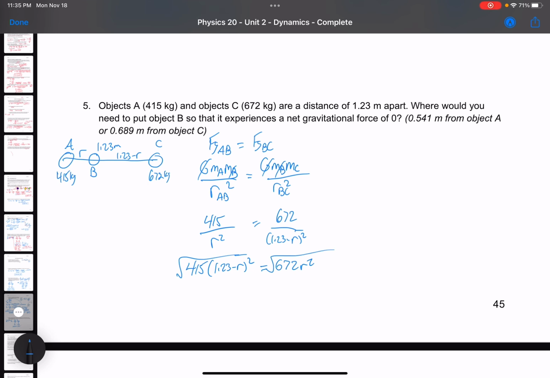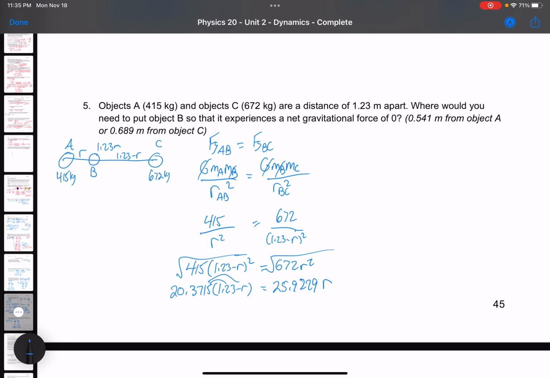The square root of 415 gives me 20.3715, times 1.23 minus r. That's going to be 25.9229 r. Okay, so I need to do distributive property and multiply into both of those.